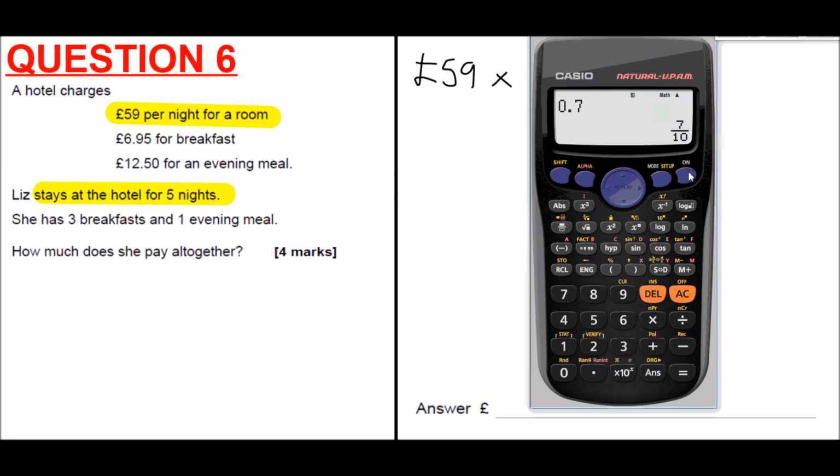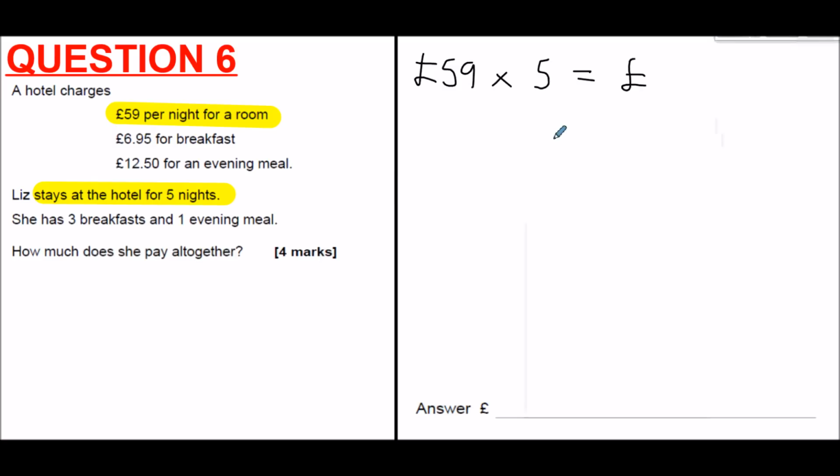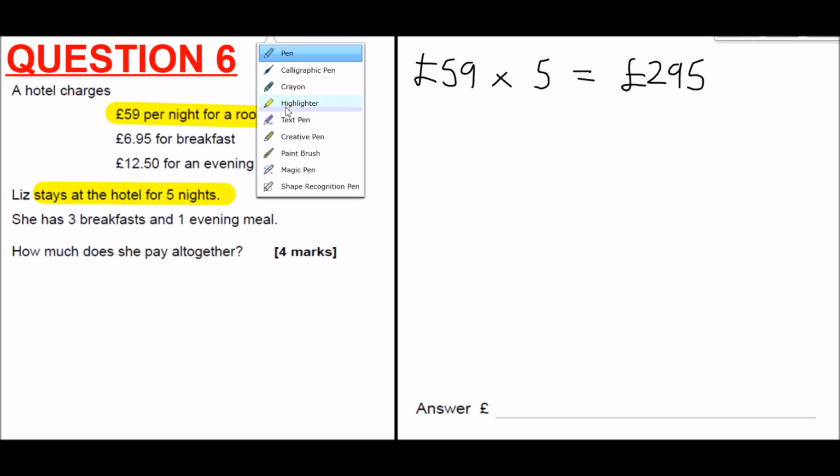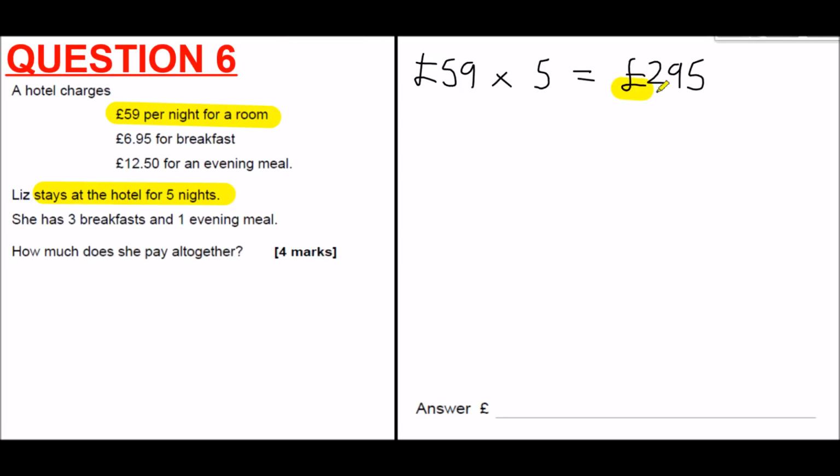Let's try this. 59 multiplied by 5 gives us 295. So if staying for 5 nights, that's going to cost her £295.